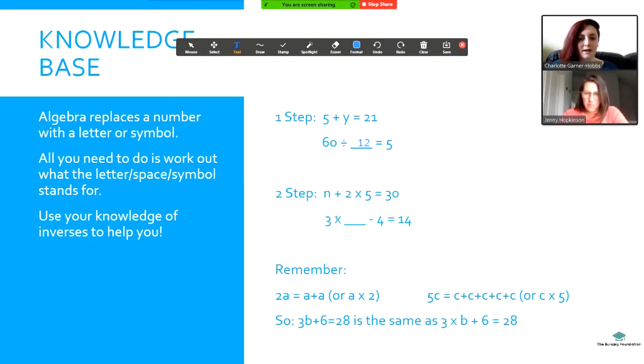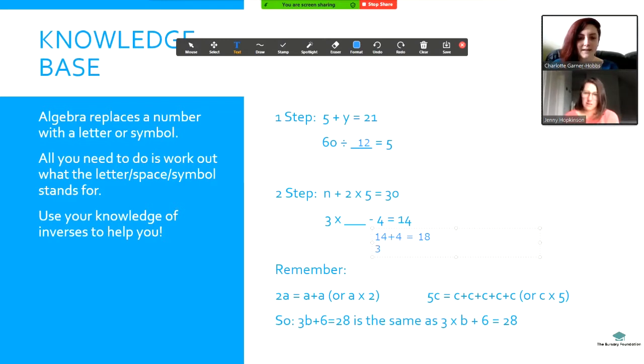So 3 times something minus 4 equals 14. Okay, so I would say 14 add 4 is 18. So 18 divided by what equals 3?